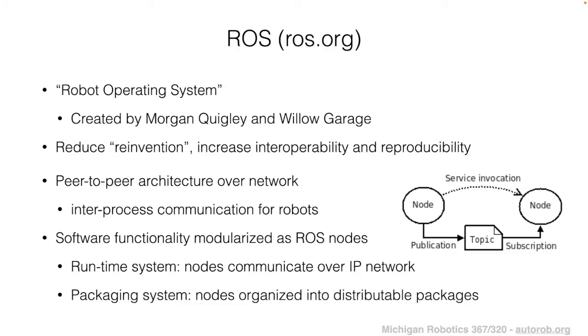To move towards this goal of increased interoperability and reproducibility, the core architecture is built on top of computer networking. The high-level approach was to say that within a robot operating system, we're going to have a number of different processes running. They're going to serve different roles, and these processes need to communicate with each other.